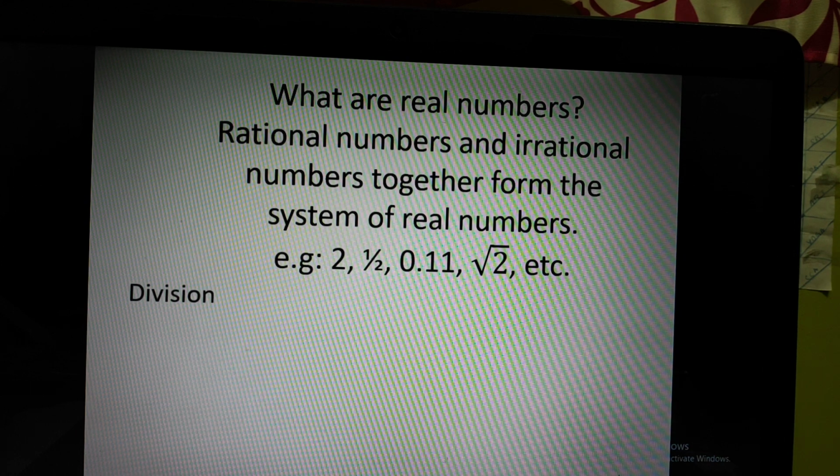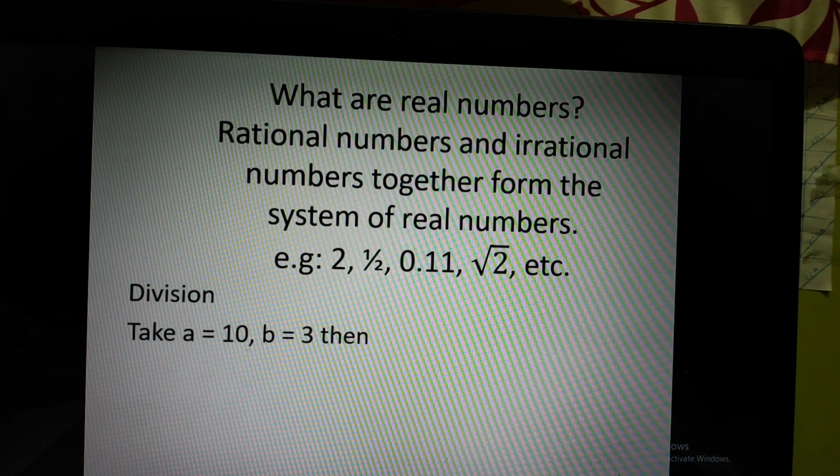Then after this, let us go to the process of division. When we perform division, we always need two numbers. Let us take the first number as 10, a equal to 10, and the second number as b, that is 3.